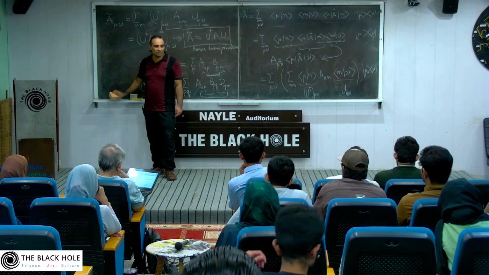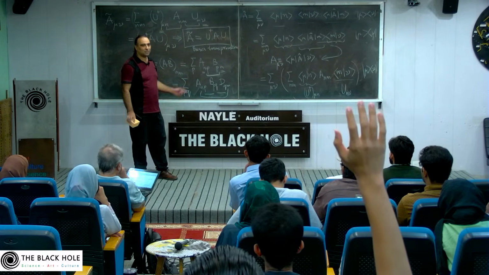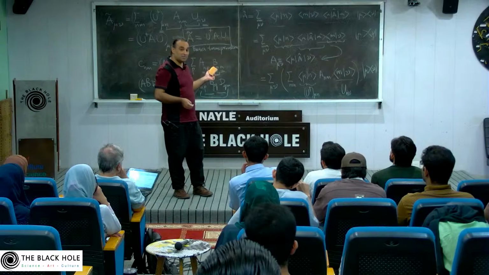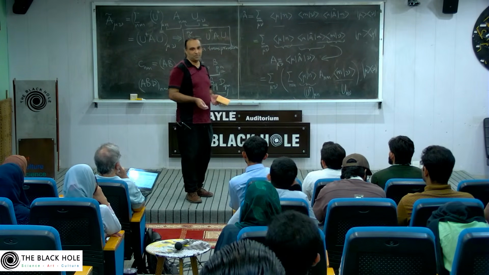So any questions about the, yes? I had a question about the canonical delta. You said that canonical delta assumes that the two vectors are perpendicular, right? So do we always assume that they're perpendicular, or are we given that they're perpendicular? For this case, we are assuming they are perpendicular, they are orthonormal bases.